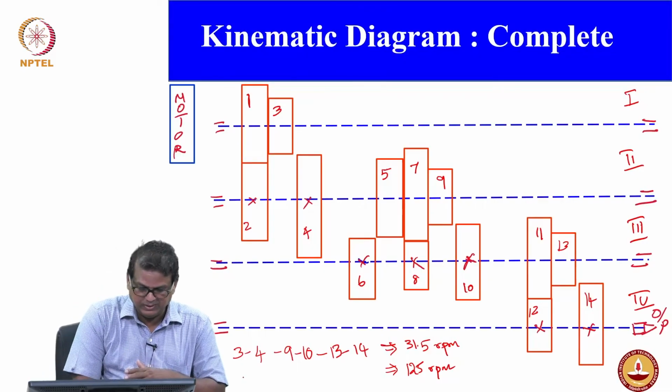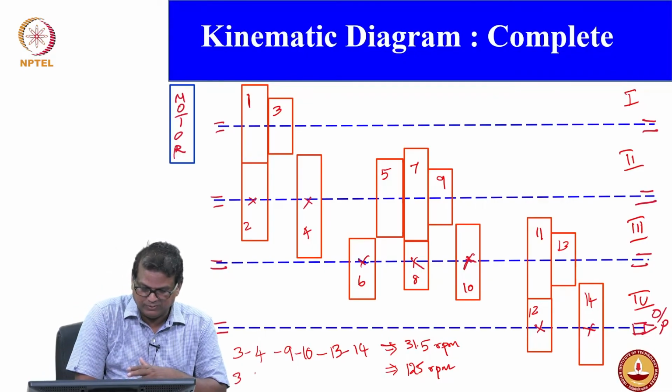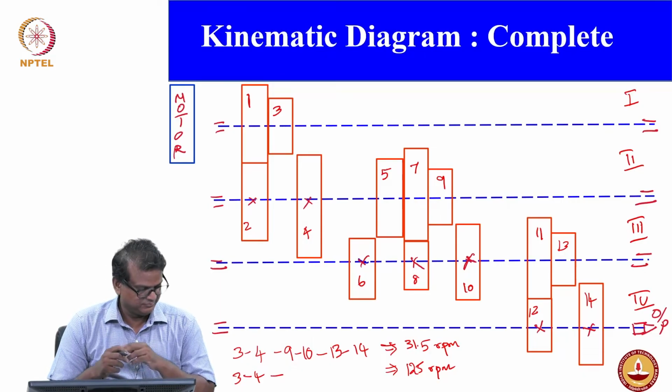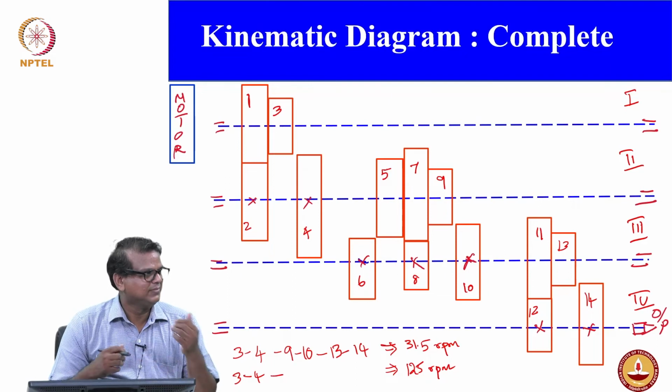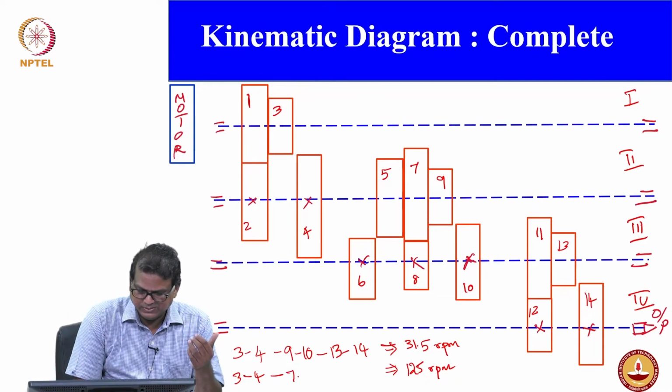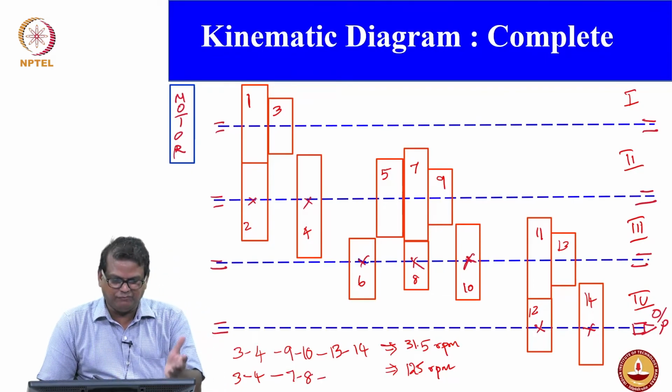Maybe I would say start with the 3-4, gear 3 and 4. Okay, then would you expect 9-10 or 7-8? 7-8. 7-8. Okay. So that is first stage 3-4, right?